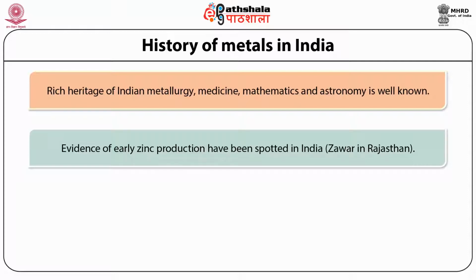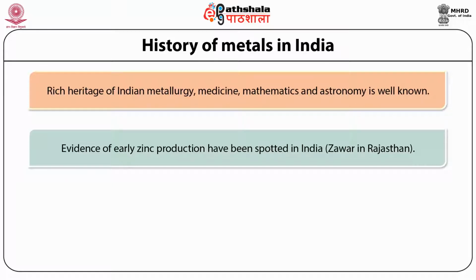Hence, at the temperature of ore smelting, the formed zinc vapor would get reoxidized and lost. In order to tackle this situation, downward distillation of zinc vapor would be required.